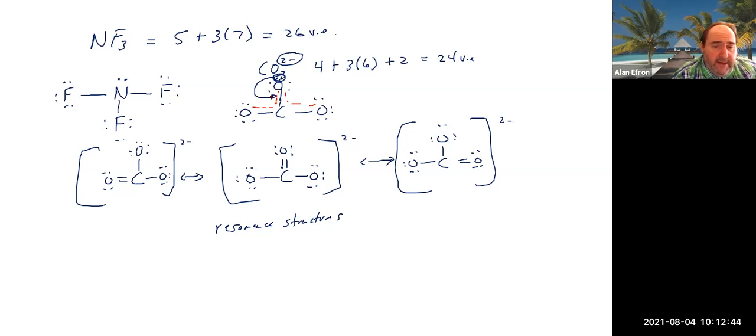We also talked about some exceptions to the octet rule. There's the incomplete octet, where we have less than 8 valence electrons.